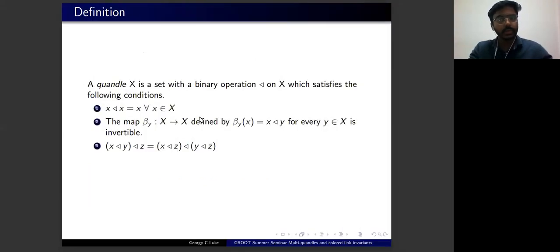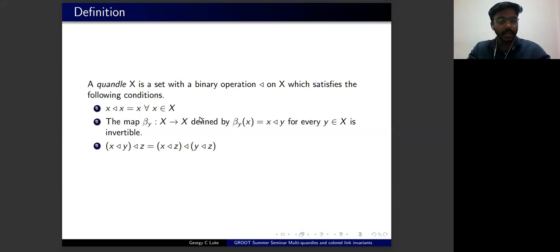And then I move to the definition of quandles. A quandle is an algebraic object similar to a group. It's a set X with a binary operation del, which satisfies three axioms. The first axiom is idempotency: X del X is X for all X in the set.